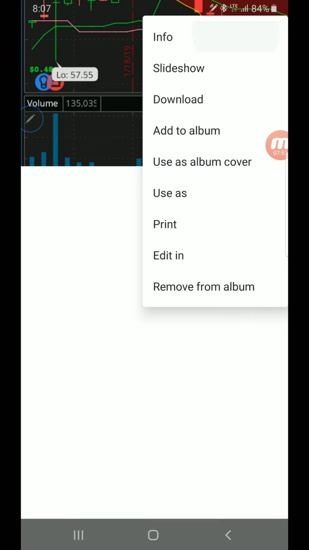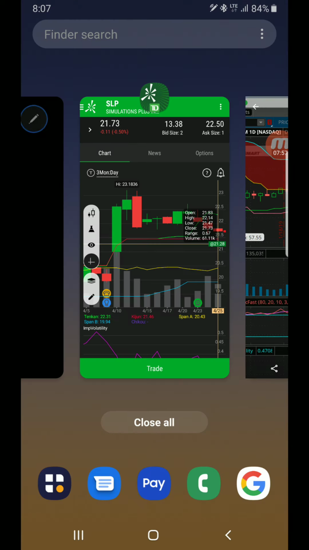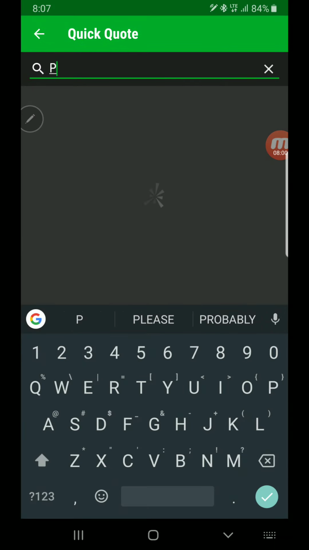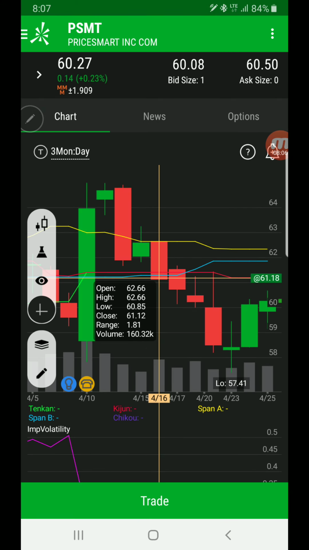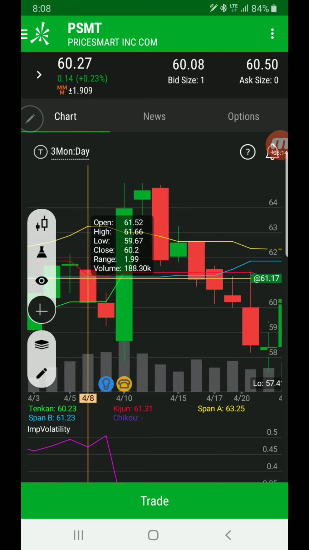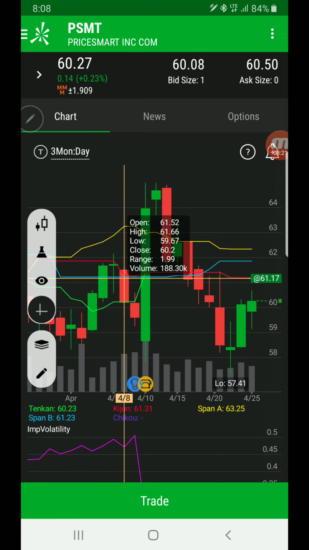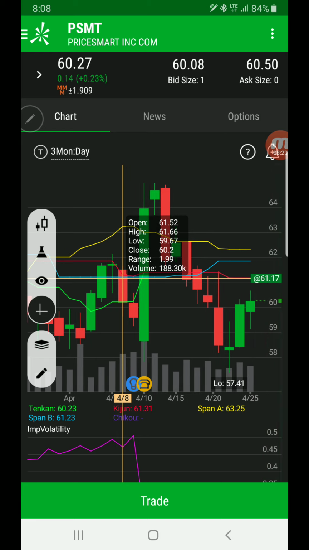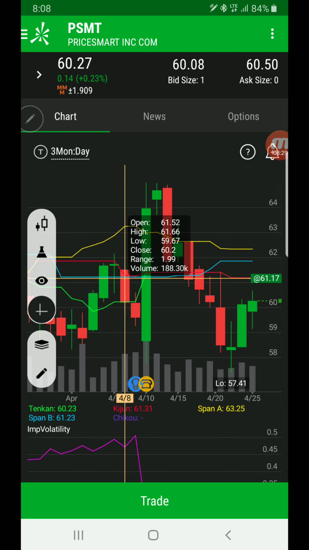PSMT, taking a bearish reading. So did PSMT go below $60 since April 8th? All right, so on April 8th, there was a close price of $60. It did go up to a high, and now it went down to a low of 57. Right now it's kind of backward, started slightly higher, but that was pretty rocky.